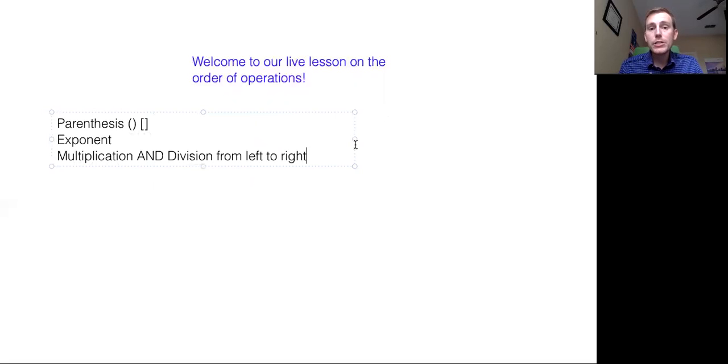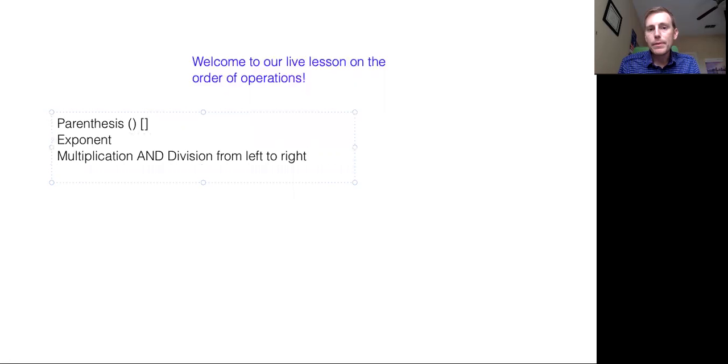It's multiplication and division, whatever comes first from left to right. Let me explain that again. The M and the D are the same step. You do whatever comes first from left to right. If it's division first from left to right, just like you're reading a sentence, that would come first. We'll do some examples in a minute. But I want you to start thinking about that, multiplication and division from left to right.